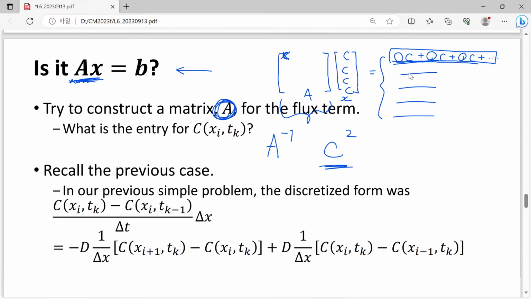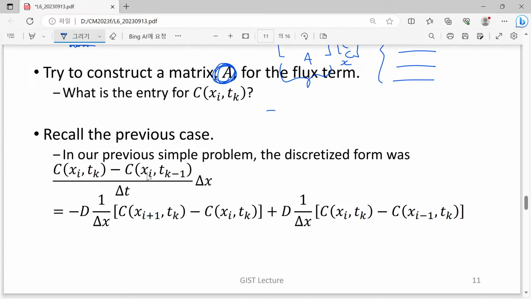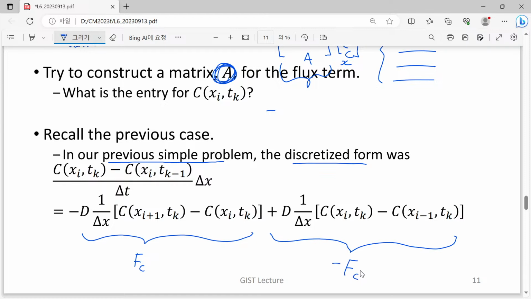You can easily understand the difference between our current problem and the previous situation. Please have a look at this one. Recall our previous case. In our previous simple diffusion problem, the discretized diffusion equation had this form. This one was related with a flux C, and this one was related with another flux C. And you know that the flux term can be written as a linear combination of your solution variables.